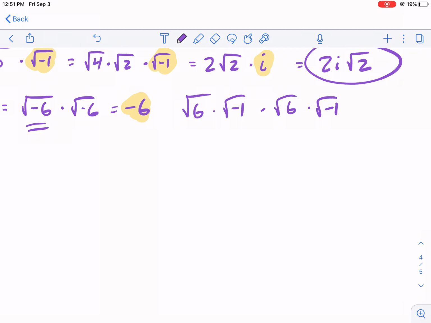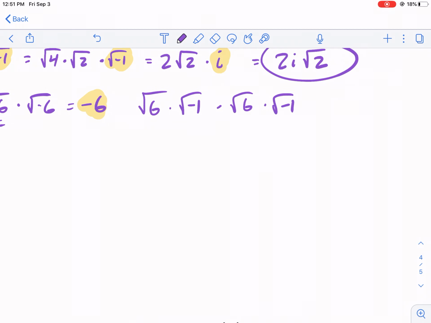You're going to see we get a different answer here as we treat each imaginary number as it comes in the radicals. So we have square root of 6, can't do anything with that, but we have this square root of -1 times this square root of -1. We can rewrite this as I, or we can write this one as I.